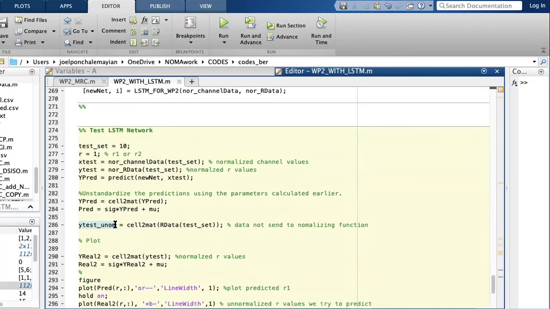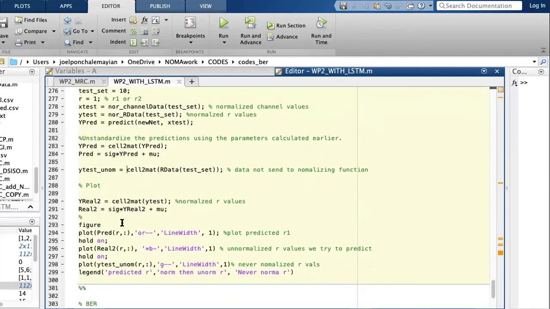This is just a debugging thing actually, because I'm trying to see if the data that has been normalized is the same thing. Basically, I'm trying to find out if my mu and sigma here are working well with this data.